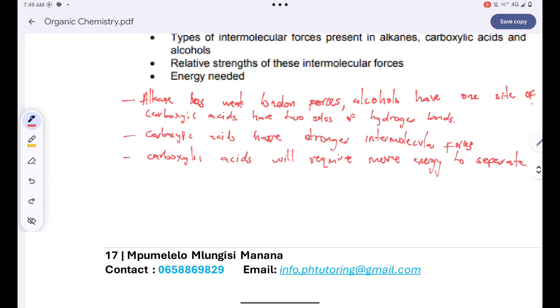And then thirdly, hence carboxylic acid has the highest boiling point compared to the two compounds.